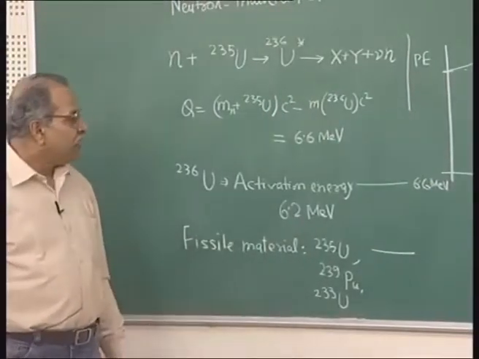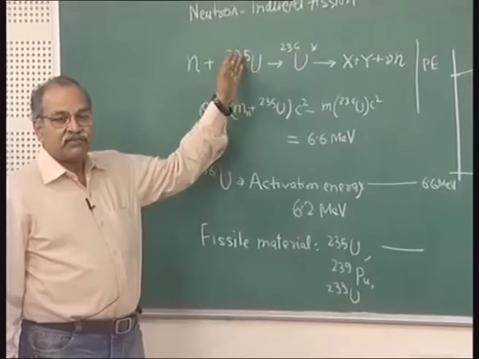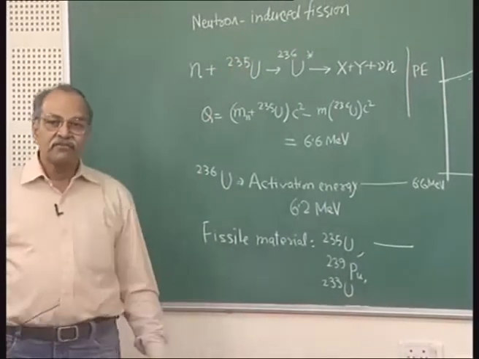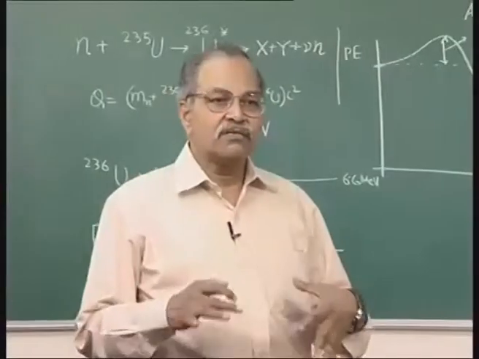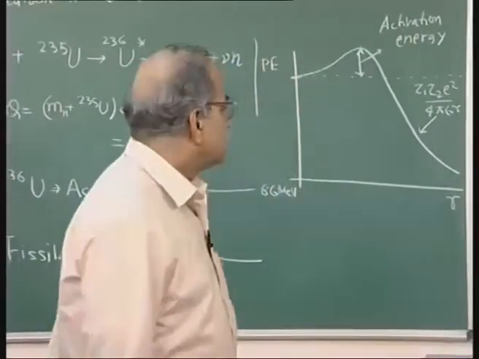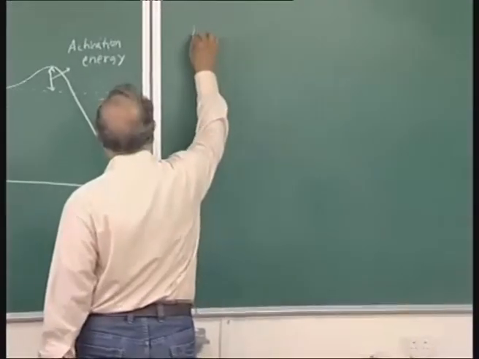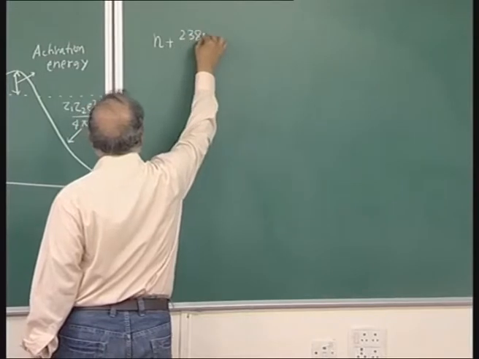Now, if I look at the similar reaction with uranium 238, why am I considering uranium 235 and uranium 238? Because these are the main constituents of natural uranium that we get from mines. So, uranium 238, if I look at the same reaction, it is N plus uranium 238.